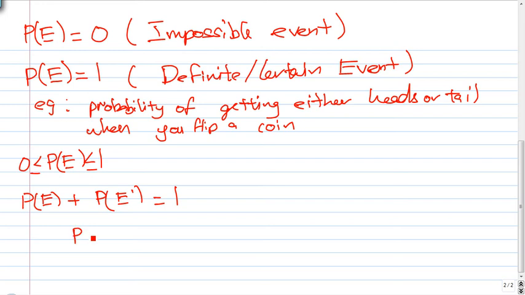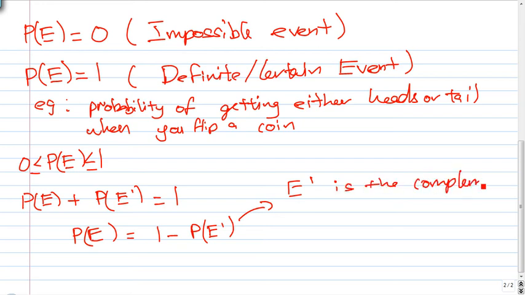So the probability of an event occurring is actually 1 minus the probability of the complement of the event. In this case, E' is the complement to event E.